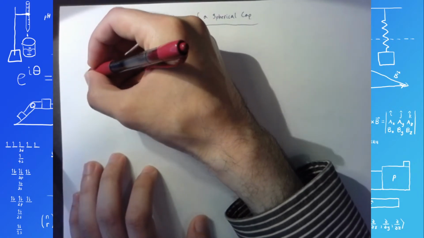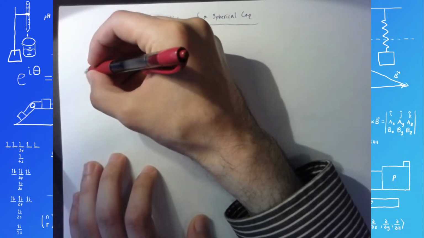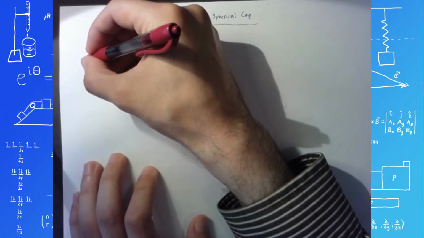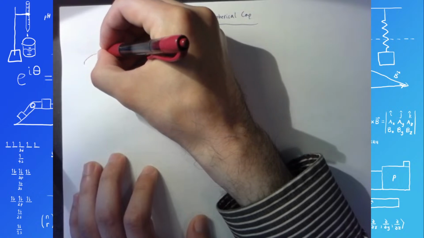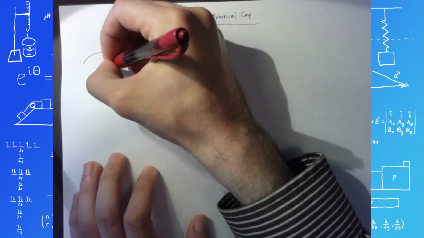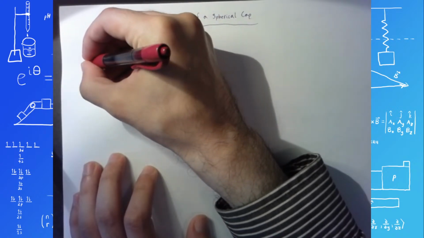So I'm just going to use half of a sphere here. I'm just going to draw a half sphere, a hemisphere.